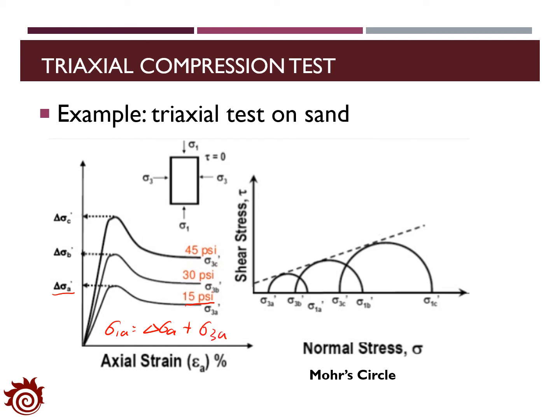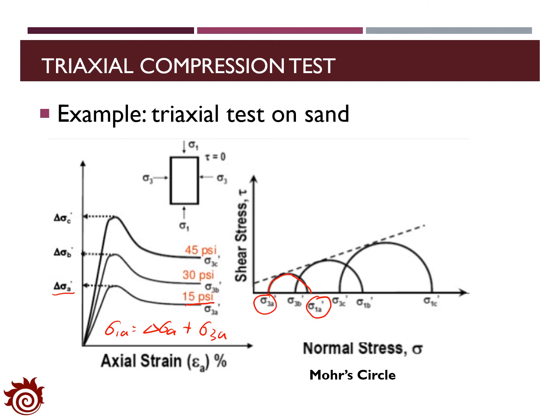For the confining stress of 15 psi, we get a maximum principal stress. And with these two values, sigma 1A and sigma 3A, we are able to draw a Mohr circle. This would be a half circle in the shear stress and normal stress region.